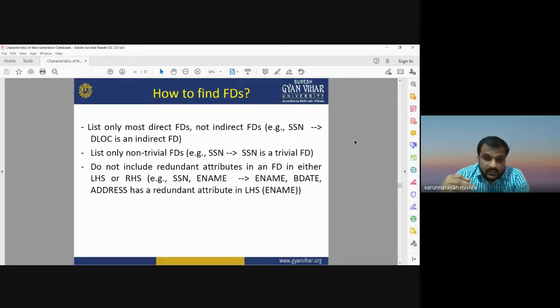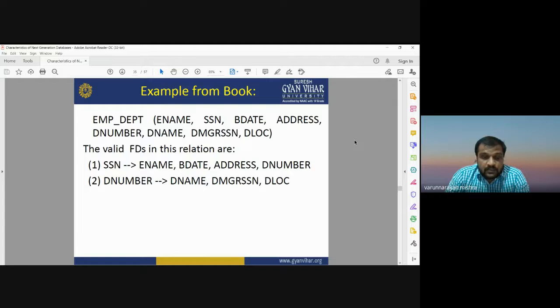There is another example from the book, with attributes name, SSN, birth date, address, D number, and D name. The valid FDs in this relation are SSN to E name, birth date, address, and D number, and D number to D name, D manager, and D location.